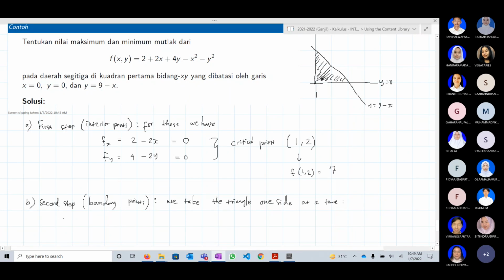So first we have, on the line segment, here 0, and this is 9. This is also 9.